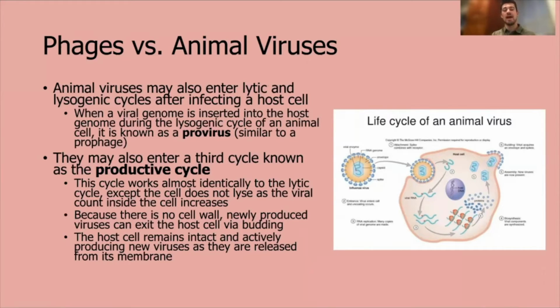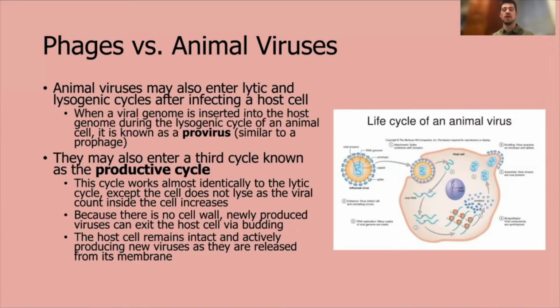When we're talking about animals and animal cells entering lysogenic cycles, the genetic information is called a provirus. So it's very similar. It's the same concept. We just use different words because it's an animal virus and it's not a bacteriophage. So we say provirus. So those are pretty much exactly the same, the lytic and lysogenic cycle.